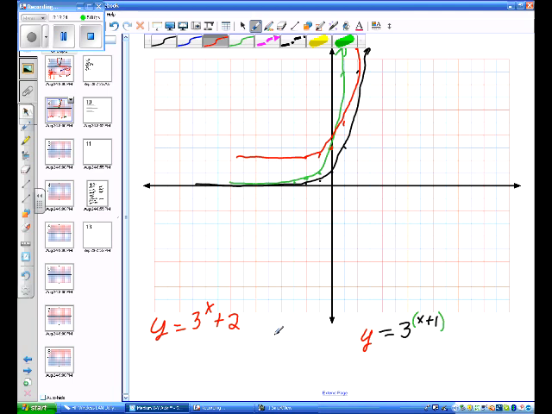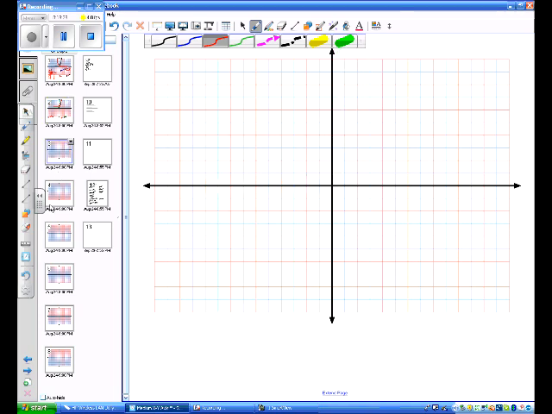Now, let's just go through and look at a couple of other graphs. And in these, we may pick some points again as we go through to look at them. Let's say we've got y is equal to 2 times 3 to the x. Well, in fact, I could have just left that up there. We're still going to do this by transformation. Okay, that was our parent function.